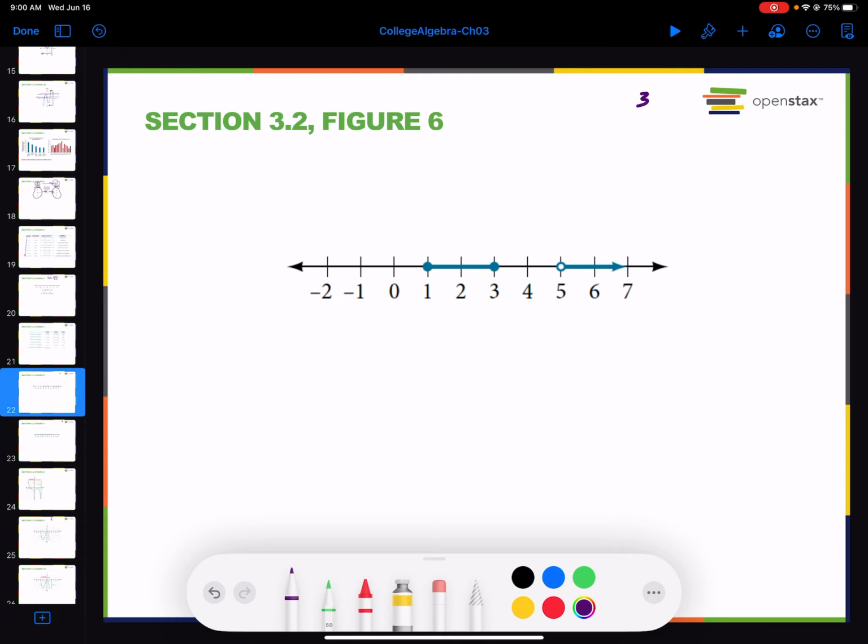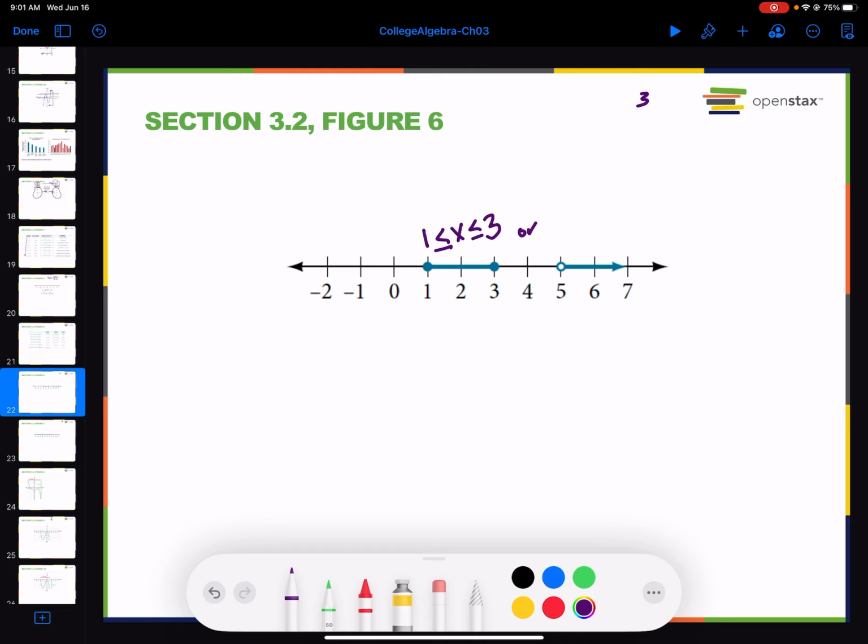This one is asking us to rewrite it in all 3 notations. So we've got our inequality. So this is saying that we want x greater than or equal to 1, and then less than or equal to 3.